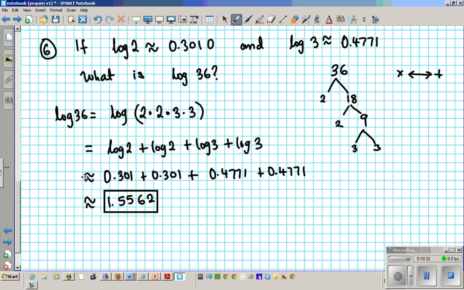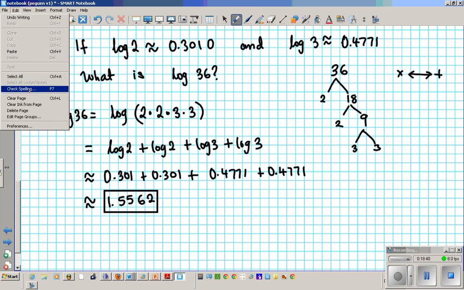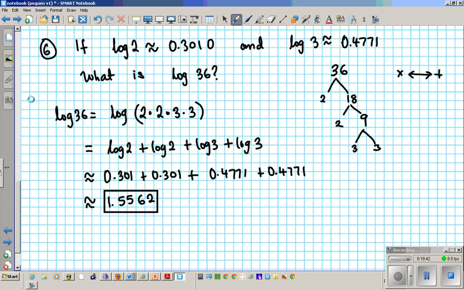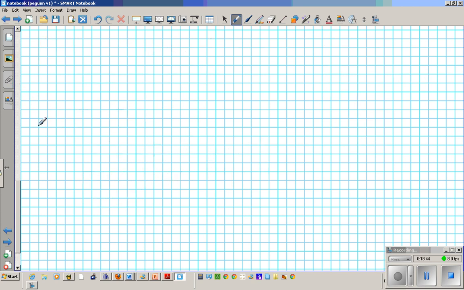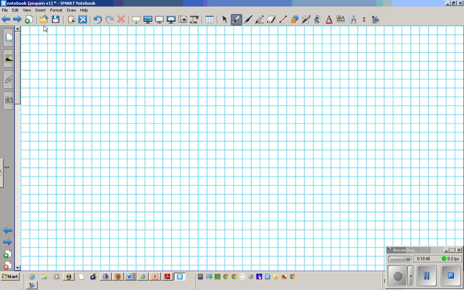Now let's move along to another example. Clear the page. Number 7. Number 7 is a probability question. Okay?